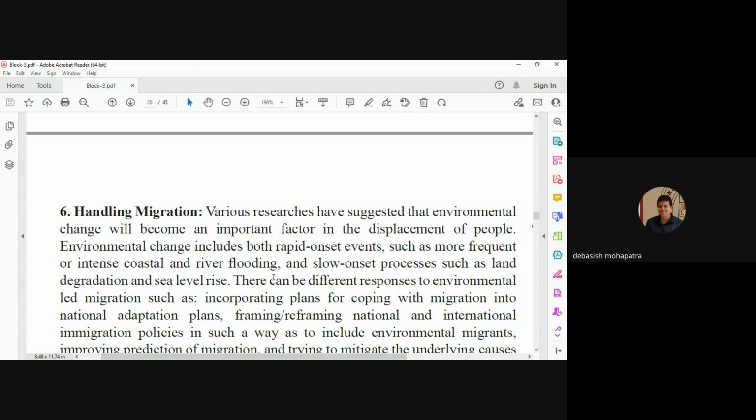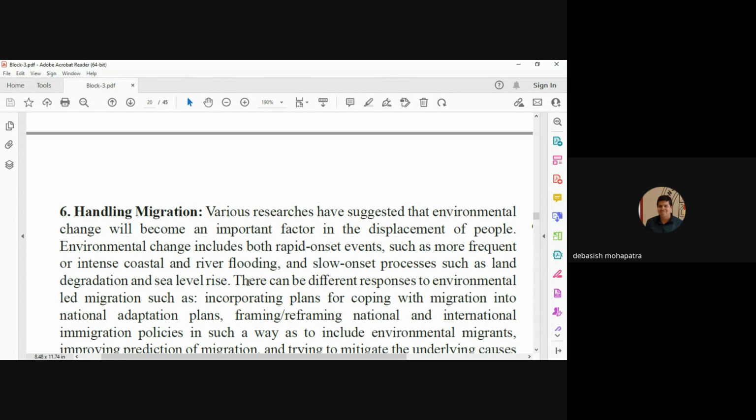Handling migration. Various researchers have suggested that environmental changes will become an important factor in the displacement of people. Environmental changes include both rapid-onset events, such as more frequent and intense coastal and river flooding, and slow-onset processes such as land degradation and sea level rise.